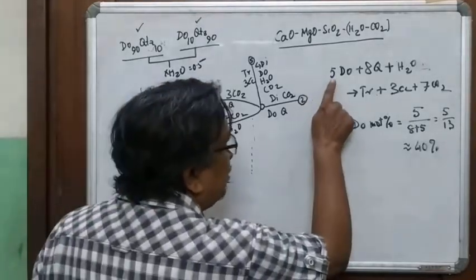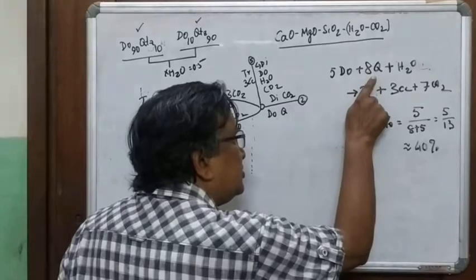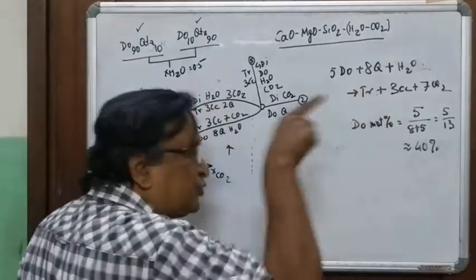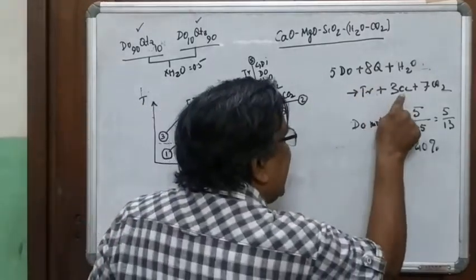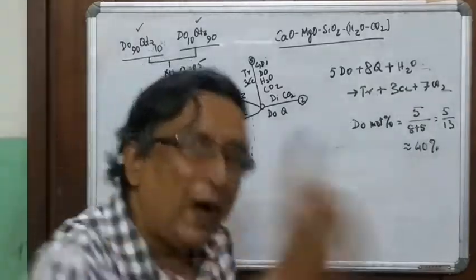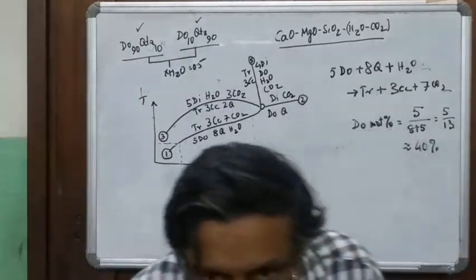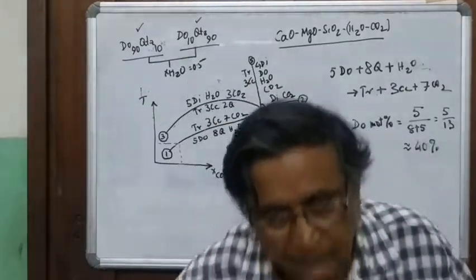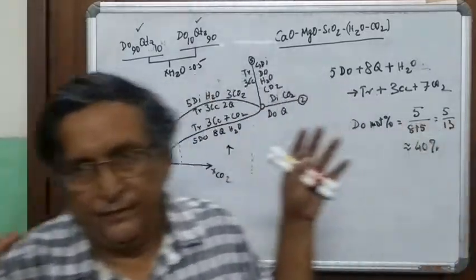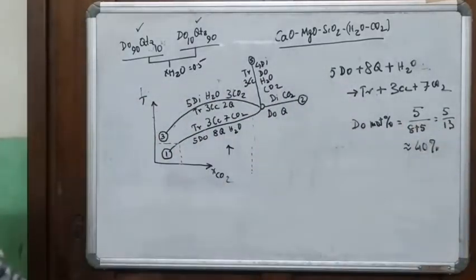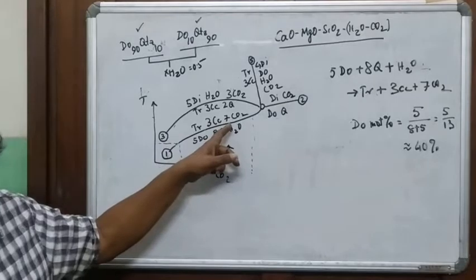Dolomite in the ratio 40:60 quartz will react to produce tremolite and calcite in the ratio 1:3, not any other ratio. 1:3. It will react in the ratio 1:3.